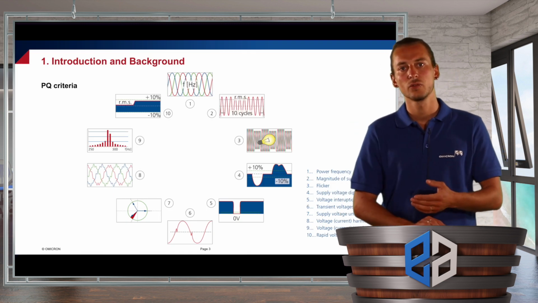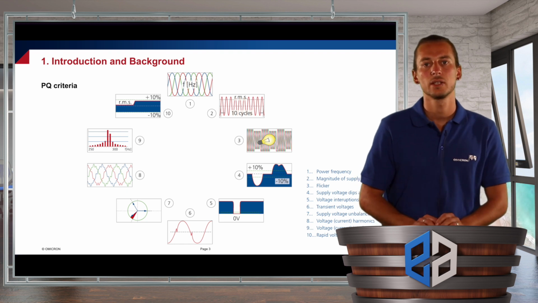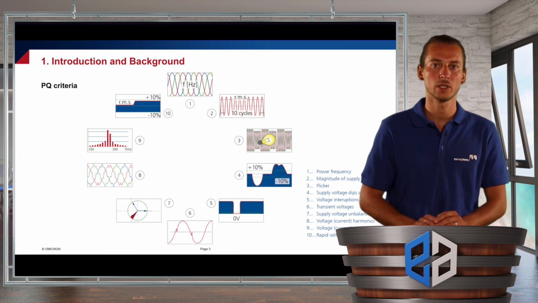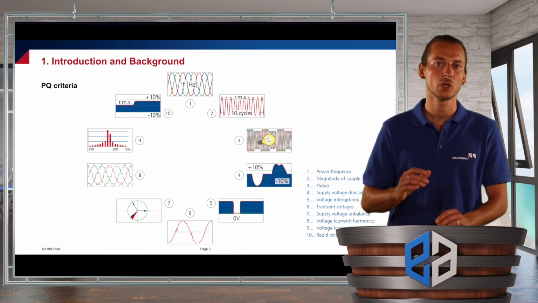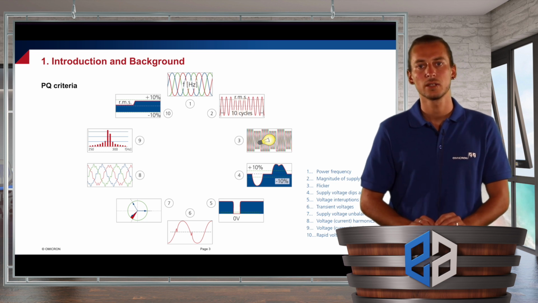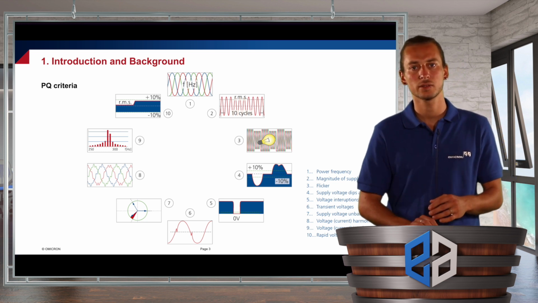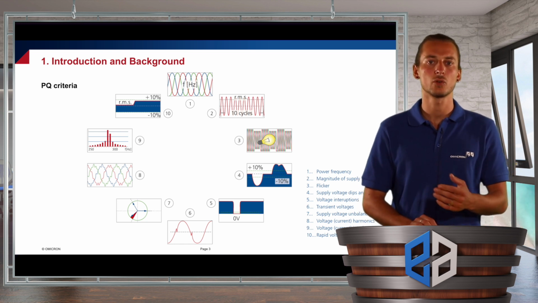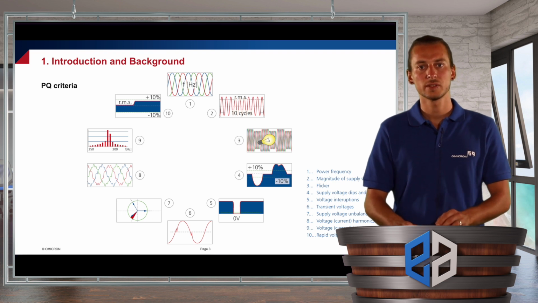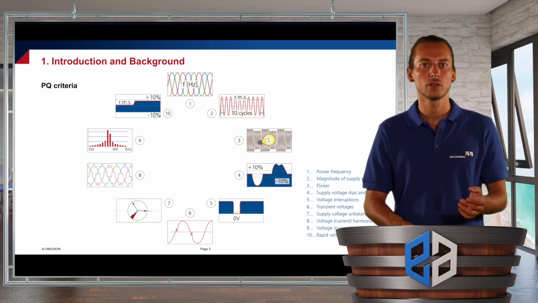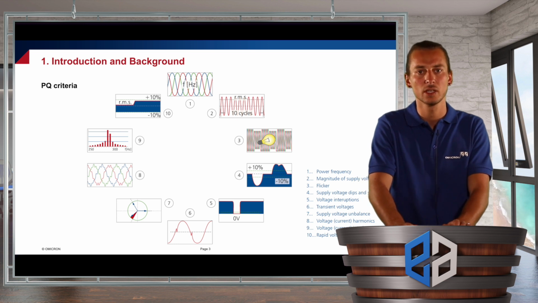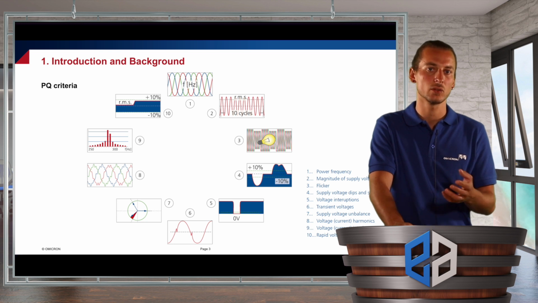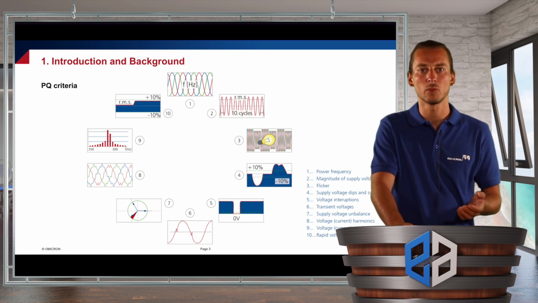First of all, there's the frequency, then we have the magnitude of the voltage and current, we have flicker, which are short-term voltage fluctuations, then we have long-term voltage fluctuations like dips or swells of the voltage, and we even have interruptions. Of course, there are transient voltages and very fast, rapid voltage changes. Then there's voltage or current unbalance, and of course, as you all know, there are harmonics and interharmonics.